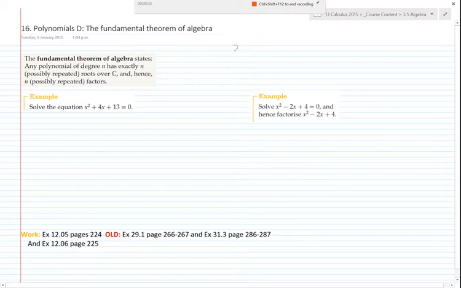So for example, if we had x to the power 3 equals 7, that has 3 possible roots. Or if we had x to the power of 8 minus 3x plus 2 equals 0, that has 8 possible solutions. So that's what the fundamental theorem of algebra states.